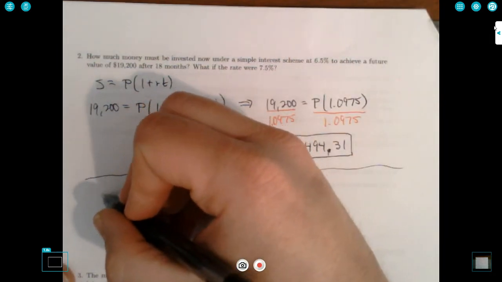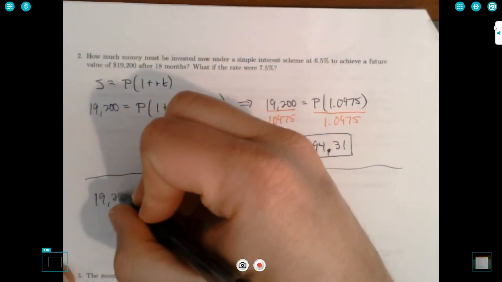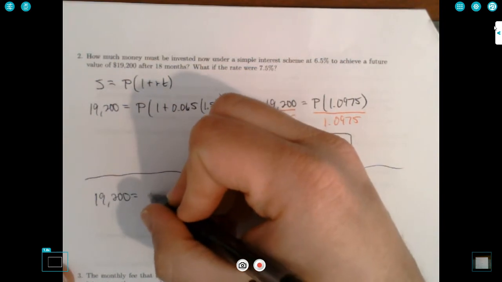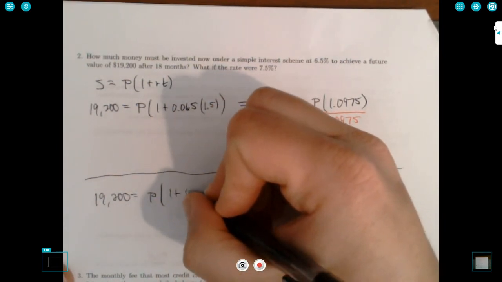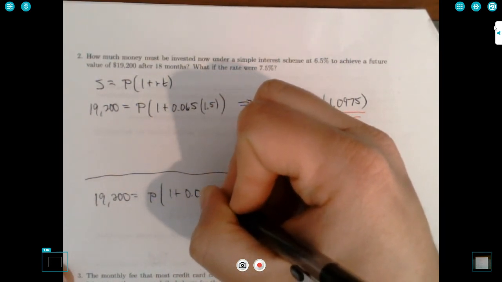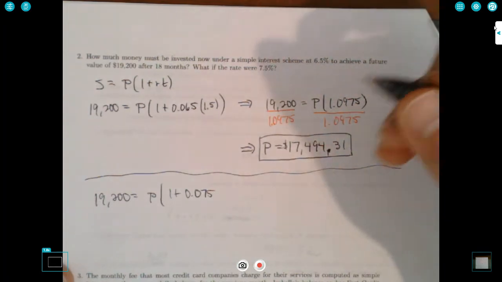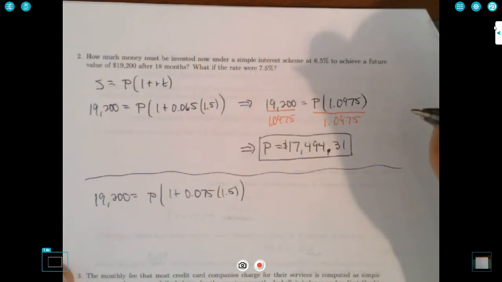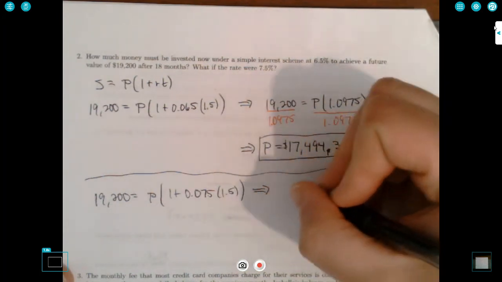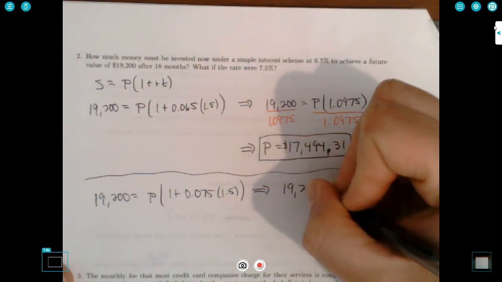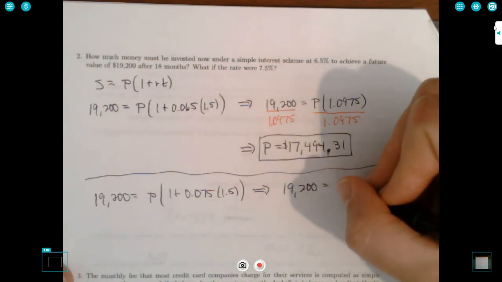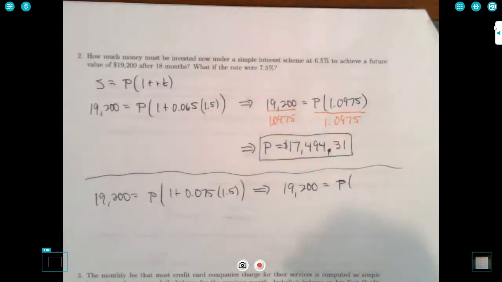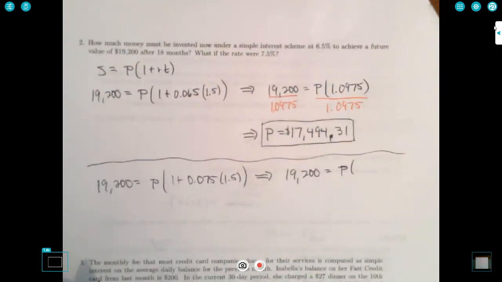I'm going to say 19,200 equals P times 1 plus 0.075, right? 7.5%. Times 1.5.